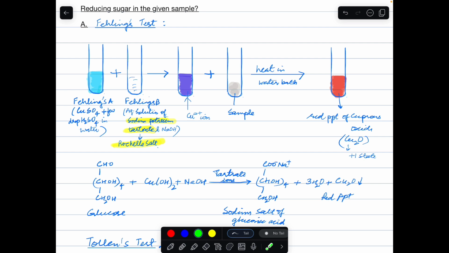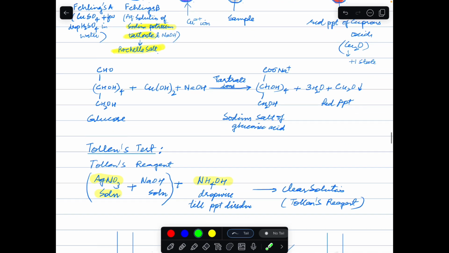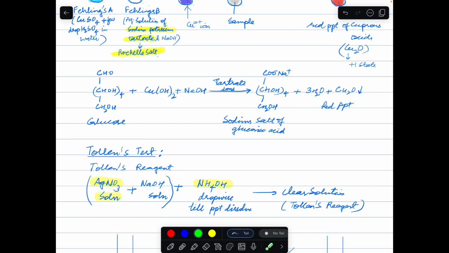So what is the basic reaction? Here we have given the open chain structure of glucose, and this complete part is your Fehling's reagent. It has your cupric ion and the tartrate ion as well as sodium hydroxide, and when these three react with glucose after heating, you will get the sodium salt of gluconic acid.